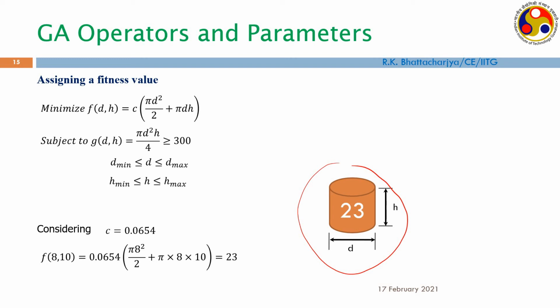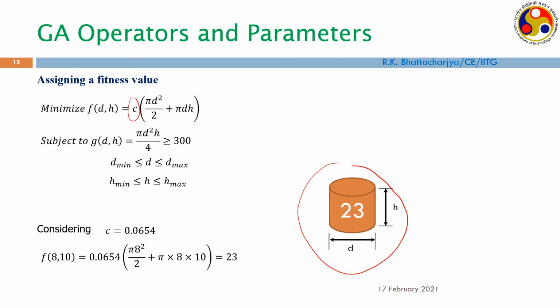I want an optimal dimension of this can which will have less cost. Less cost means less surface area, multiplied by some cost value, which will give you the cost. So basically we are trying to minimize the surface area of this can.